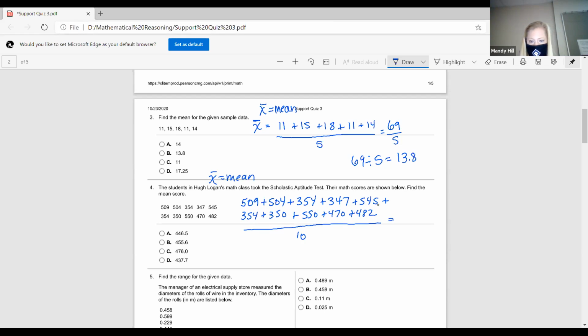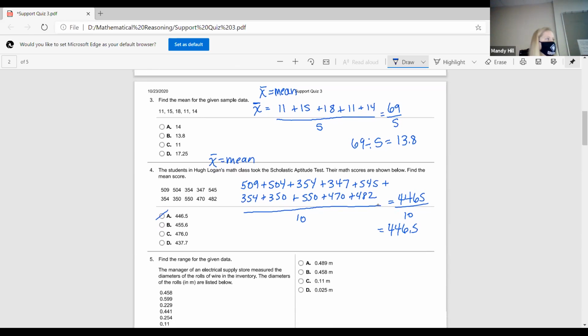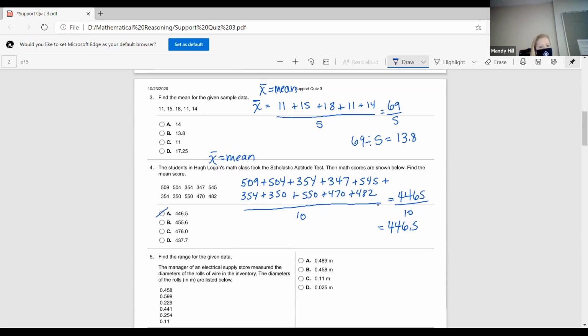Okay, on the top, if I add all those up, I'm getting 4,465 divided by 10, which is going to be 446.5. So A would be my mean score, my average. Okay. Questions about that? That's pretty easy.